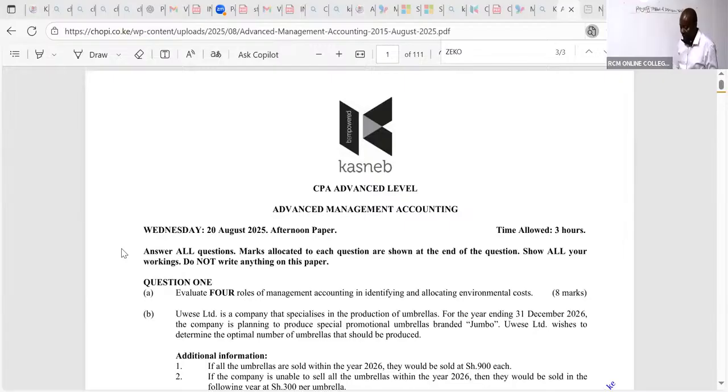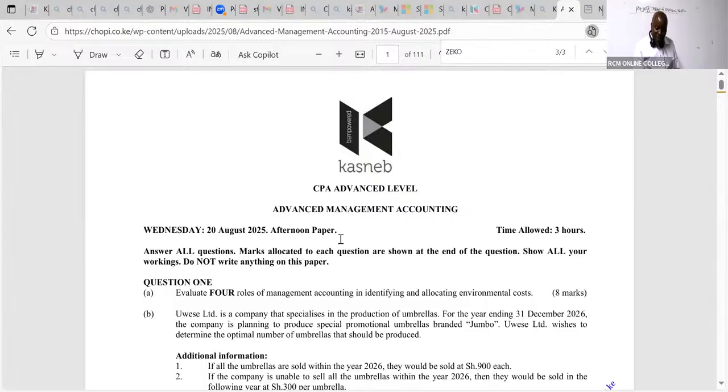So payoff tables and decision trees. So then here we are. August 2025, question number 1. Have you gotten the question already? General, okay. This was a very easy question.